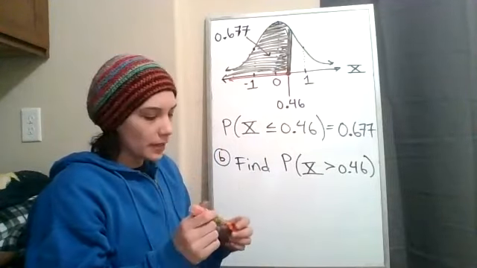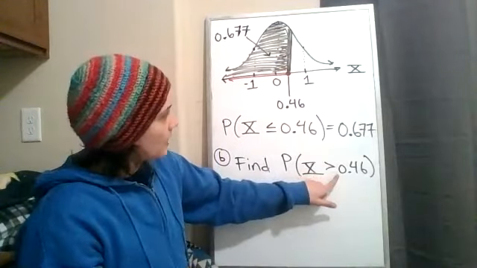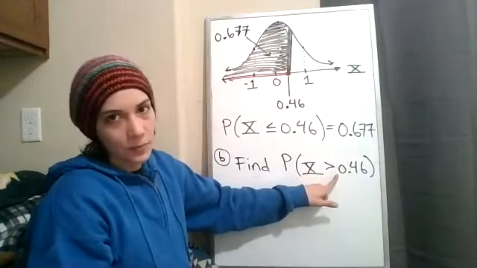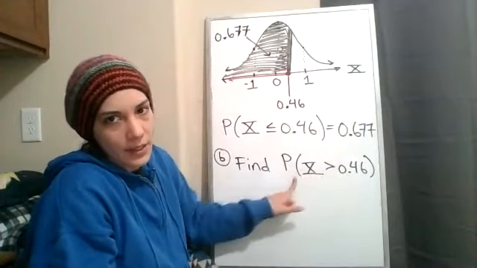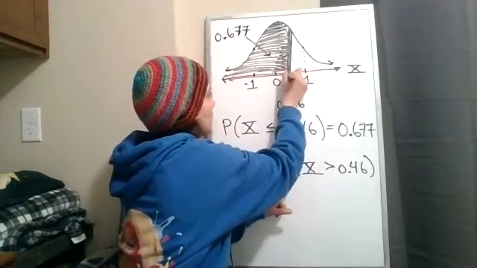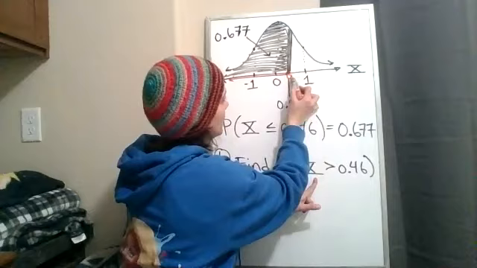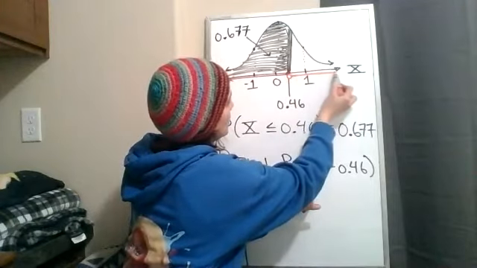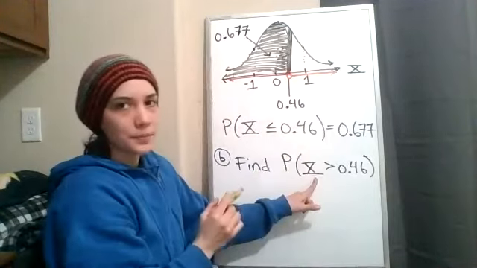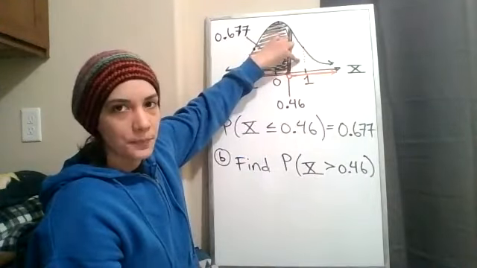This time we're at 0.46. We can include it or not include it. It's not really going to affect the overall probability. But we're going above that number this way for part B. So I want that area right there.